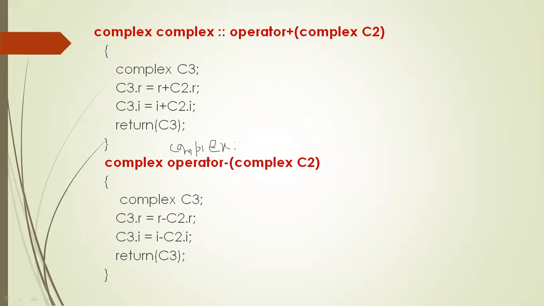Then scope resolution operator. Then start with operator minus. Just similar to the previous function. The previous function, it is complex scope resolution operator plus complex. Same thing you repeat here also. Complex scope resolution operator minus complex. You have to make the changes. That word complex and scope resolution is omitted here. That's a mistake.